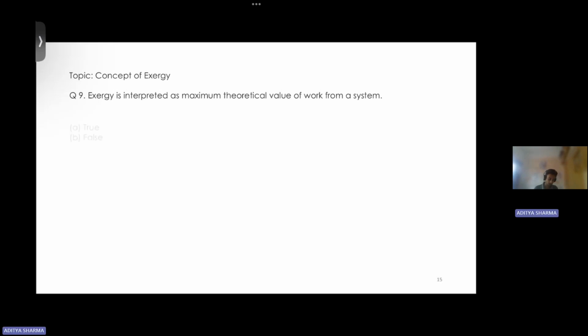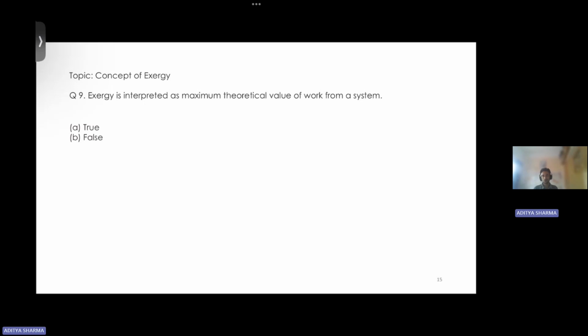So this question again is on concept of exergy from lecture 8. So exergy is interpreted as maximum theoretical value of work from a system. So again, this is the definition of exergy, right? So this is the maximum theoretical value of work from a system.